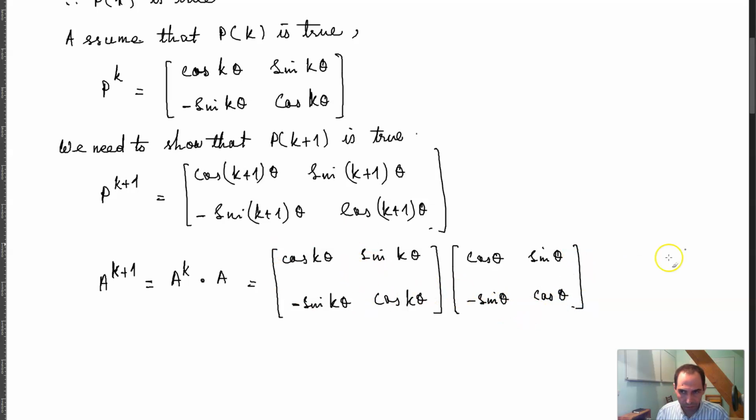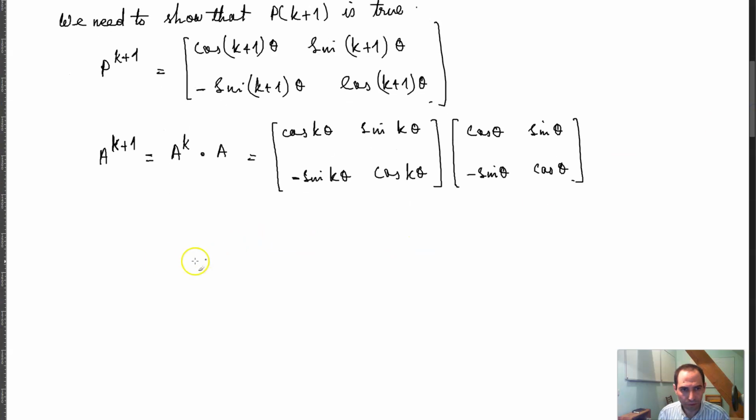Now if you do this multiplication, what you will get is a matrix whose first entry is cos k theta times cos theta, minus, so you have this row times this column, which gives you minus sine k theta sine theta.